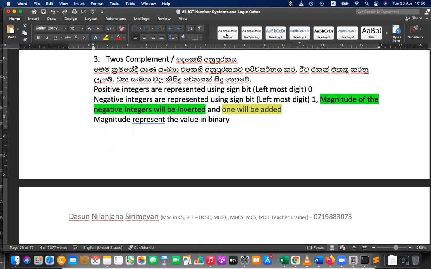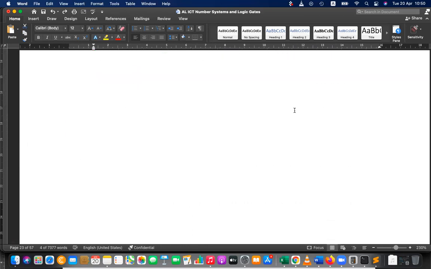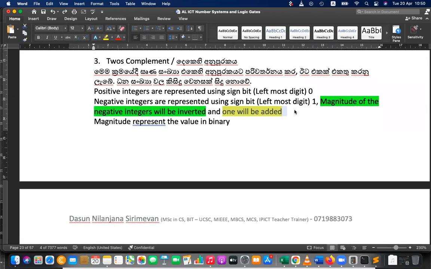The complemented part will be there. Two's complement means the reverse is still there, but an additional one will be added. That is the only change. Remember the change, then it will be simple. So only one will be added. That's all. That is the ultimate lesson.